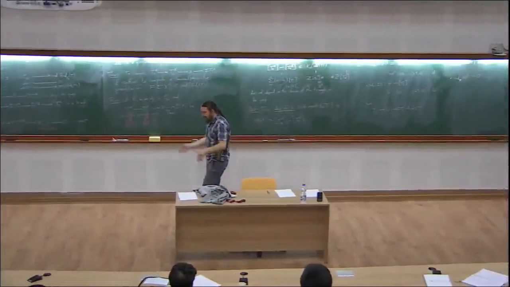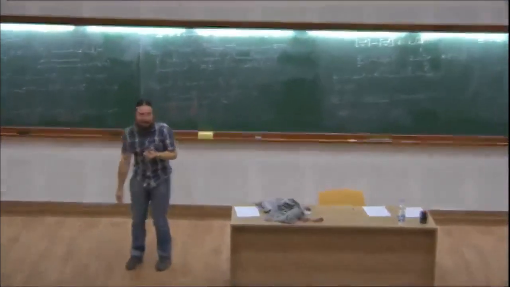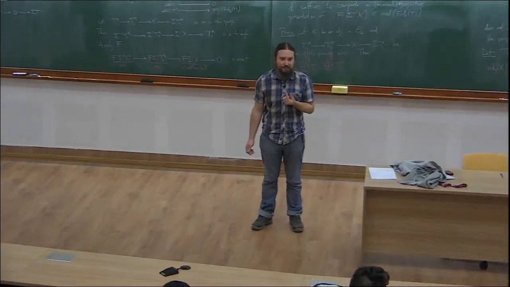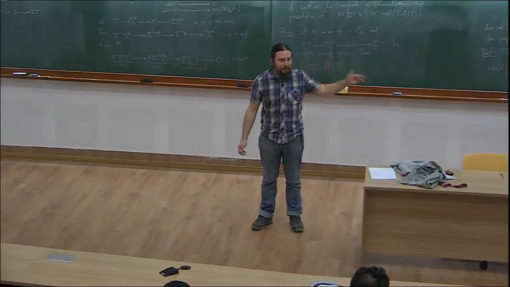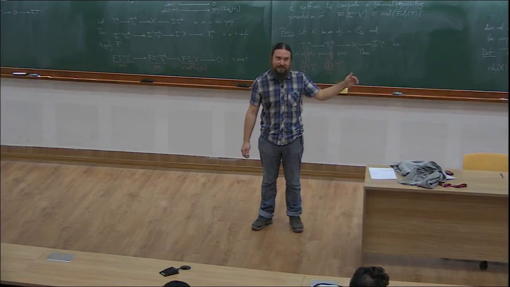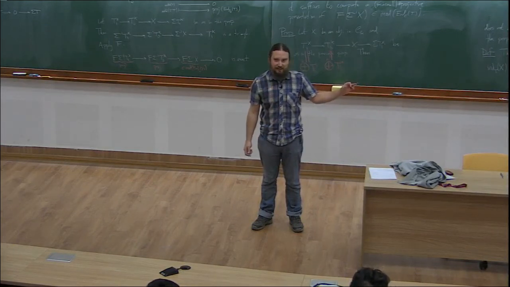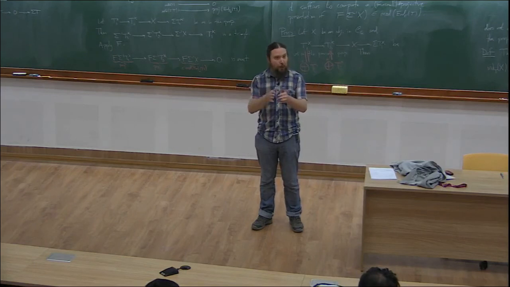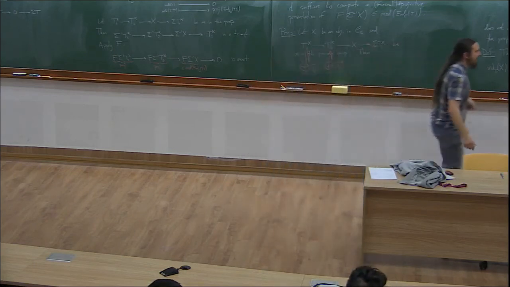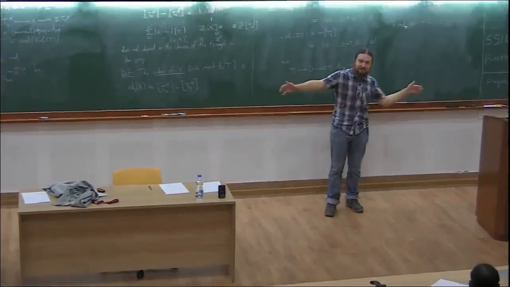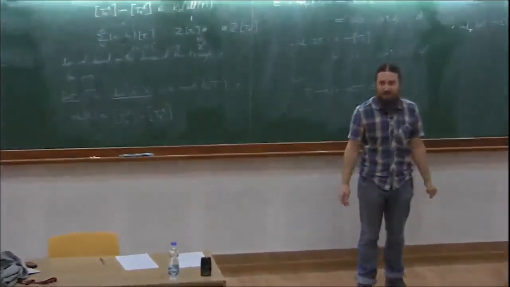If they are not in add T, apply F and send them into the module category, and there compute a minimal projective presentation. This minimal projective presentation will give you the index of this direct summand of x. And once you've done this for all direct summands of x, you apply this remark. You take the sum of all the indices that you got, and this gives you the index of x.